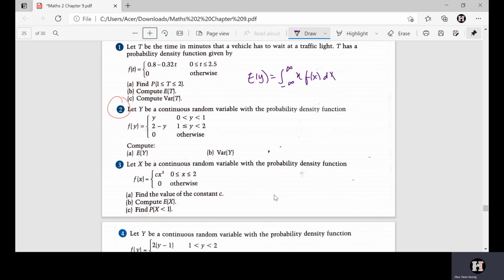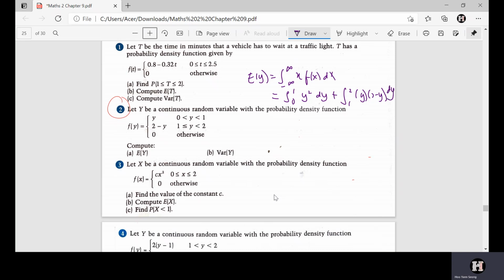The part from negative infinity to 0 is 0, so we hardly write it, we only write 0 to 1. Since this is y, it's the integral of y square dy plus, from 1 to 2, y times (2 minus y), please expand it, dy.